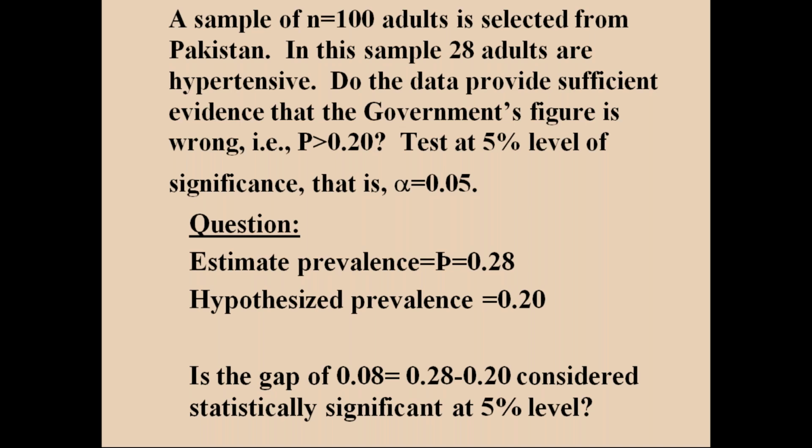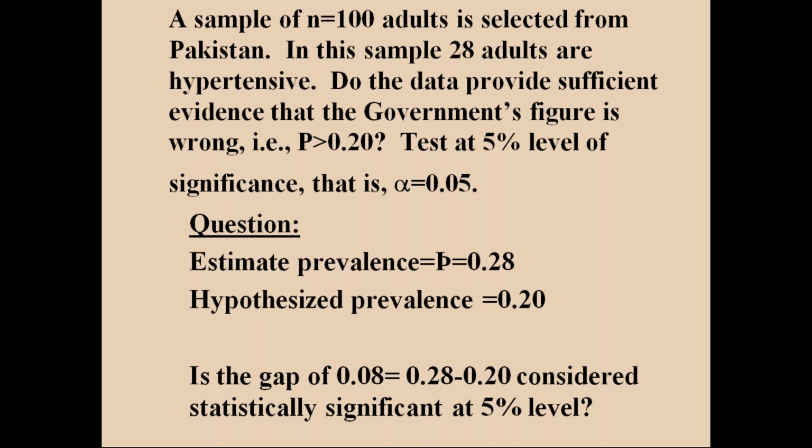A sample of n equals 100 adults is selected in Pakistan. In this sample, 28 adults are hypertensive. Do the data provide sufficient evidence that the government's figure is wrong, that is P greater than 0.20?